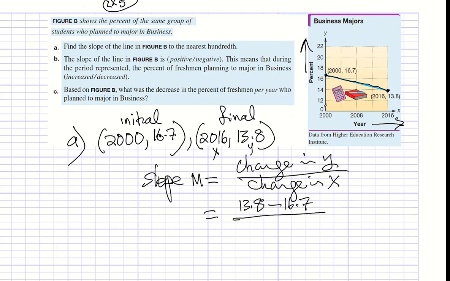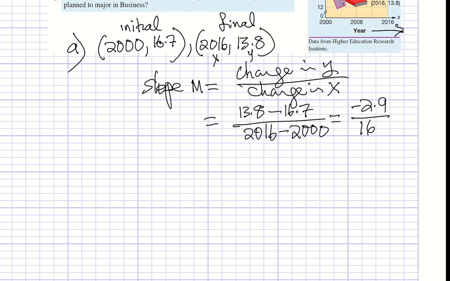The same with change in x: 2016 minus 2000. You do that, what do you get? We get minus 2.9 over 16, and as a decimal, it's negative 0.18. There are some other numbers, but we don't need that.